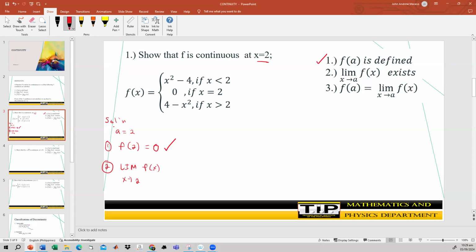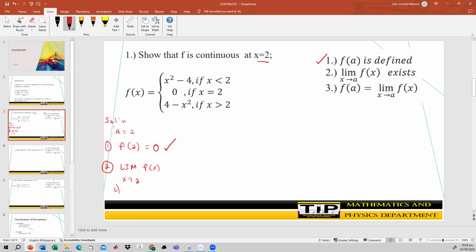So what is the two-sided limit? For us to say that the limit exists, the right side limit must exist, the left side limit must exist, and the two values must be equal. Okay, so now we'll check.